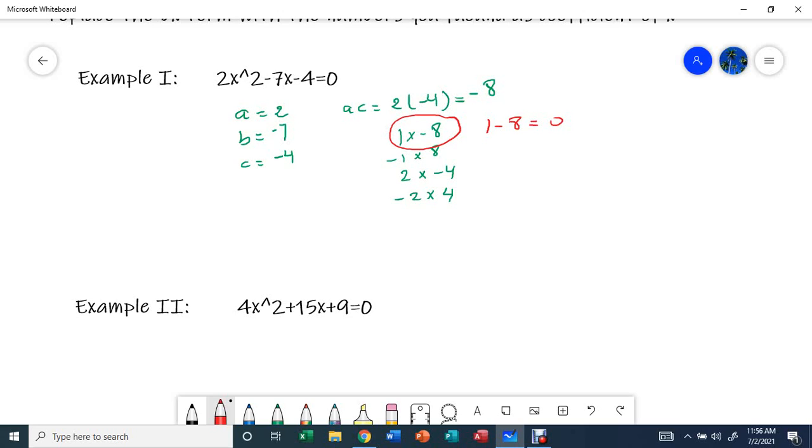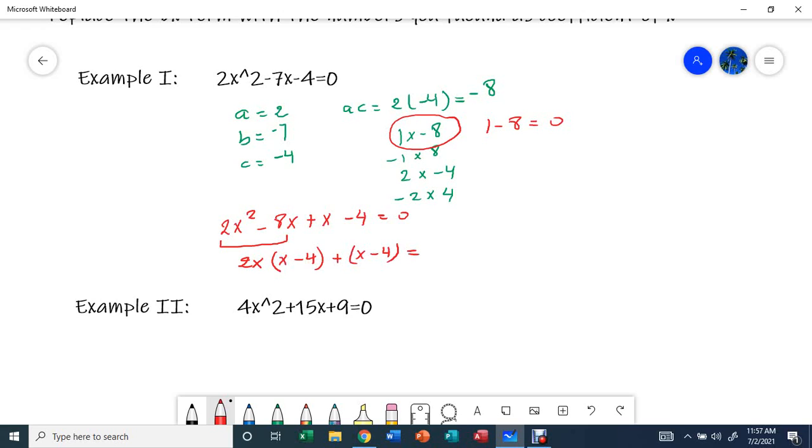So you have 2x squared, and minus 7x you replace with negative 8x plus x, minus 4 equals 0. Now you factor the first two terms. 2x is a common factor, so 2x times x minus 4, plus x minus 4.